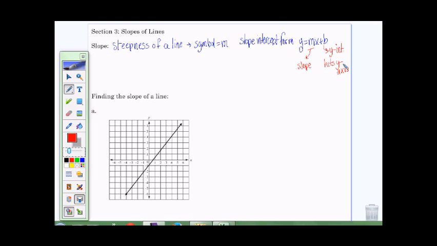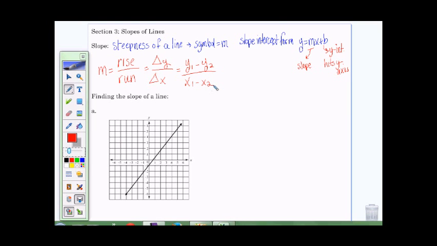Slope, you might have heard, is rise over run, which is the change in y. That triangle can mean triangle, but it also means change. It's the Greek letter delta. Over the change in x, which means we can take the first y and subtract the second y from it, and take the first x and subtract the second x from it.